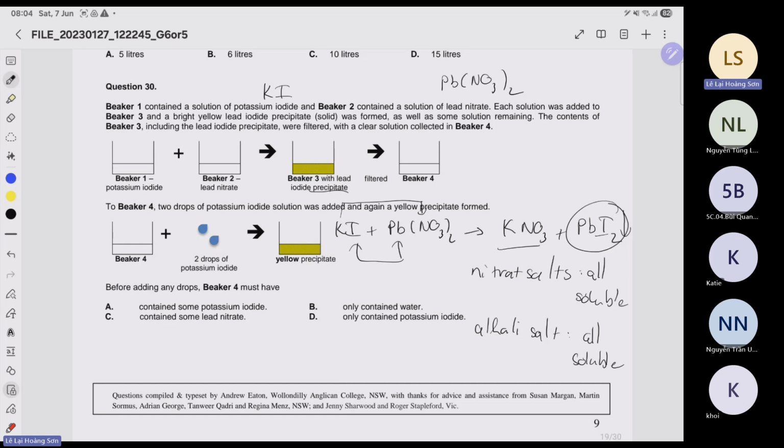So PbI2 will be the yellow precipitate that you have at the end of the reaction.